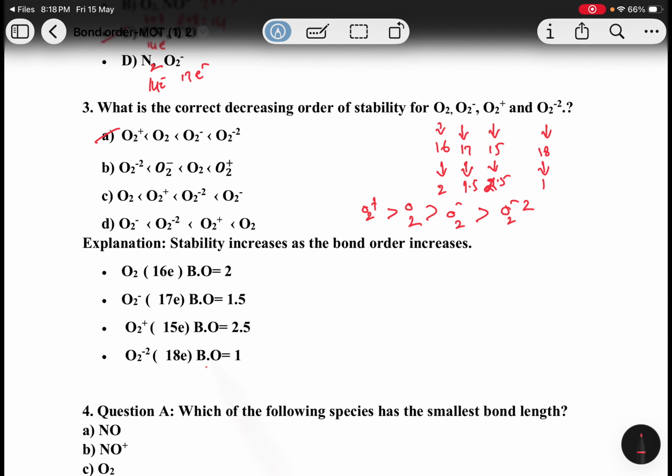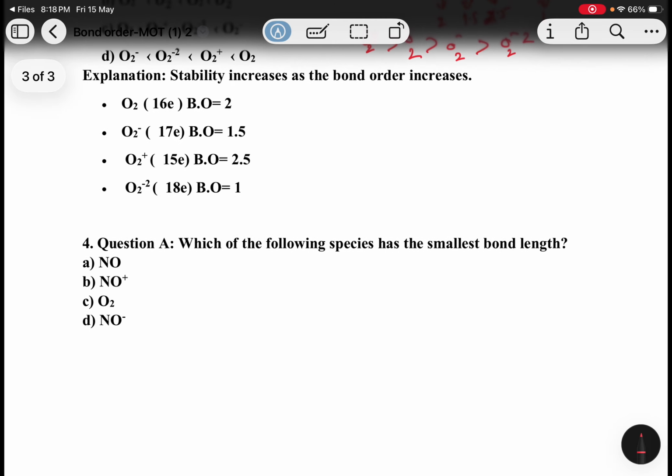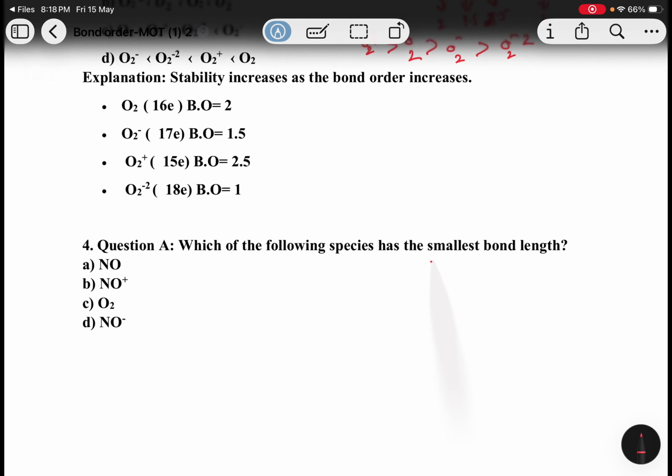Okay, here bond orders are also given. Which of the following species has the smallest bond length? Smallest bond length means more bond order. A molecule having more bond order has less bond length.